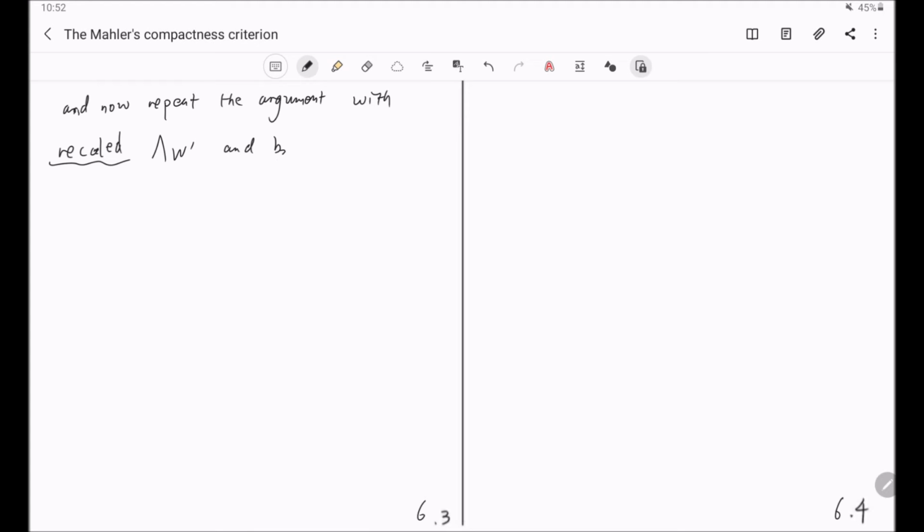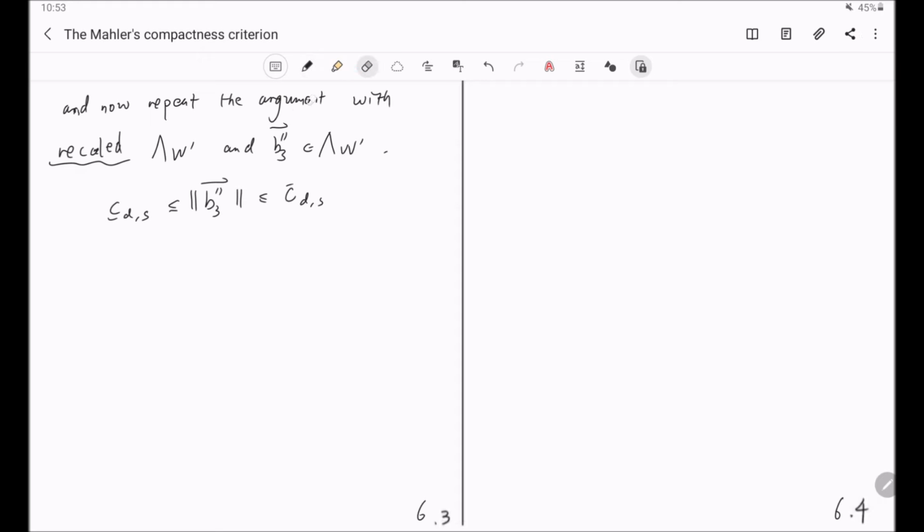And this B3 double prime in lambda sub W prime, the old argument will show you that this B3 double prime has norm bounded above by some constant that only depends on D and S, and also below by some constant that only depends on D and S.